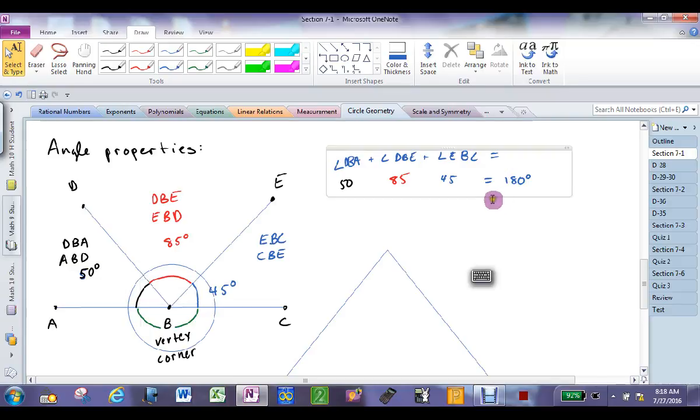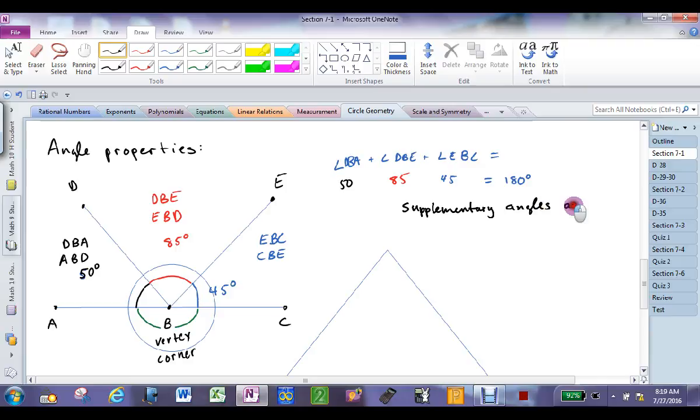Okay? That is what is called supplementary. Supplementary angles add to 180. So as long as they're on a line, they're going to be 180. All right? If you know one of them, do you automatically know the other one? Yeah. How? Minus.